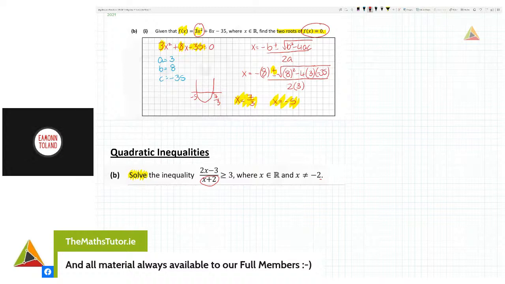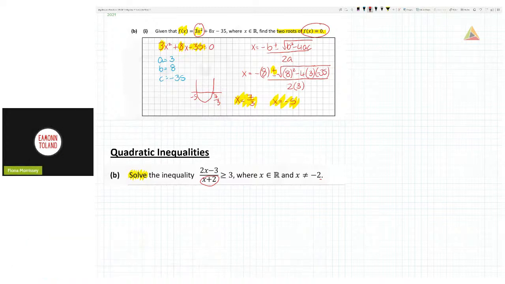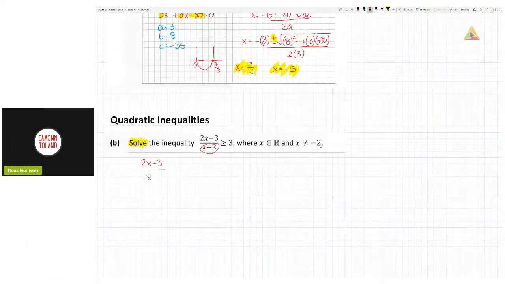Okay, so let's have a look. We have 2x minus 3 divided by x plus 2 is bigger than or equal to 3. So what you would normally do here is you would find your lowest common denominator, which in this case is your x plus 2, and you would multiply both sides of the inequality by the x plus 2 on the bottom. But we have a problem.